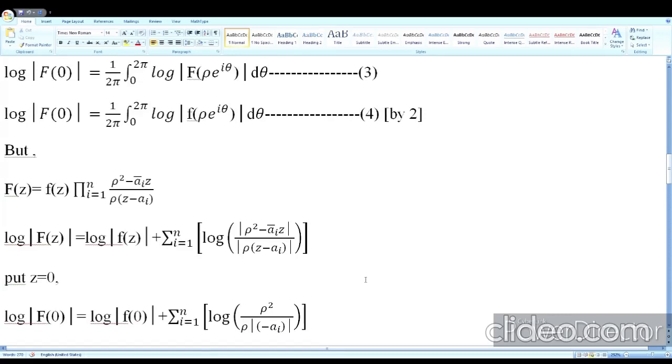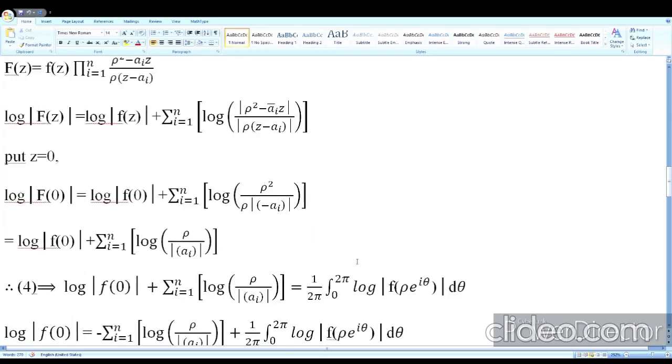Put z = 0. This gives log|F(0)| = log|f(0)| + Σ (i from 1 to n) log. When you substitute z = 0, we will get ρ² in the numerator and in the denominator ρ times −ai in the modulus. So we get log|f(0)| + Σ (i from 1 to n) log(ρ/|ai|).